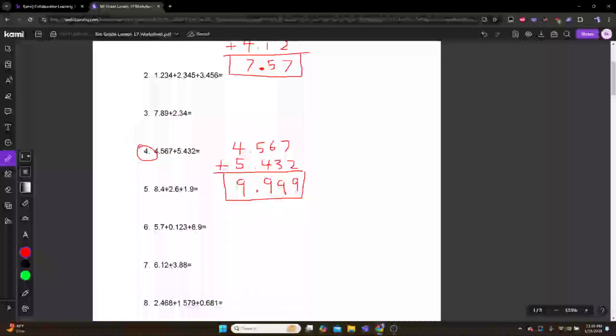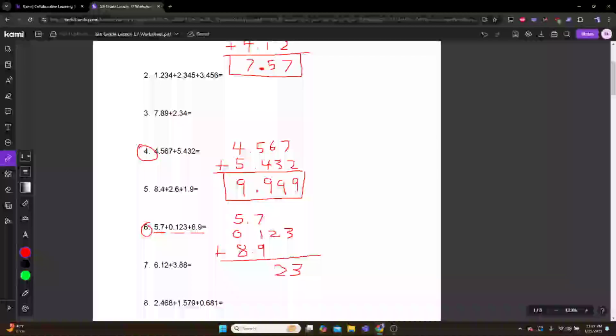Now let's try number 6, where we're adding up three different numbers. So let's just line them up like how we always did. So 5.7 plus 0.123 plus 8.9. And make sure to keep the decimal point lined up. So we add this all up. 3 is just by itself, so we bring it down. 2 is also by itself.